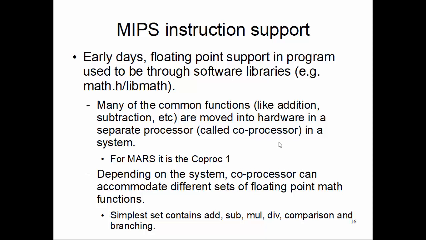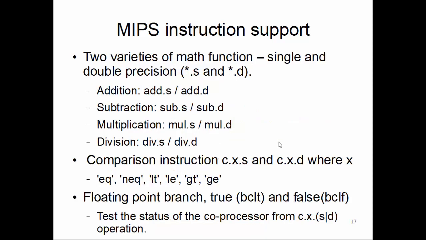Depending on the system, a coprocessor can accommodate different sets of floating point math functions. The simplest, of course, are add, sub, mult, comparison, branching, etc. A complex one like a GPU is basically floating point, graphics, matrix processing. There is highly advanced stuff going on nowadays, but let's stick to MIPS.